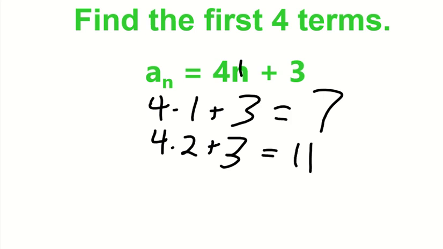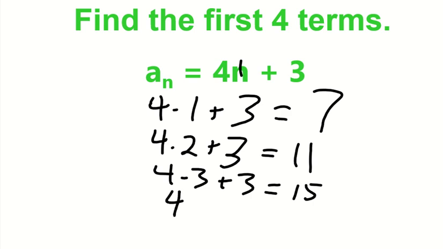You might figure out the pattern eventually. It's just adding 4 each time, but we can keep plugging them in. That's 15. 4 times 4 is 16, plus 3 makes 19. There's your first 4 terms. Any questions on that?